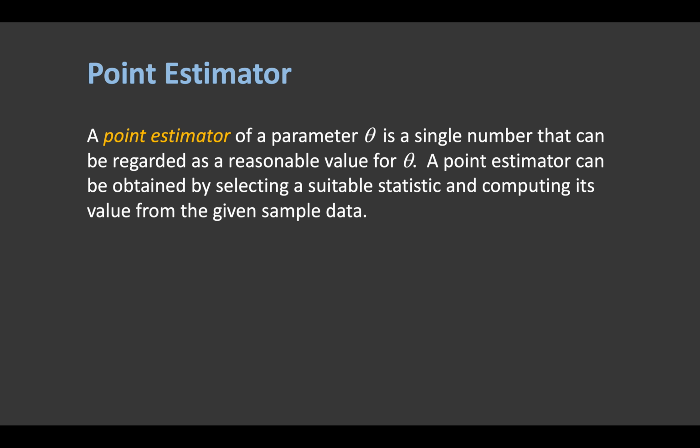A point estimator can be obtained by selecting a suitable statistic and computing its value from the given sample data. So basically, we're trying to understand something about the population, and we can't calculate the entire population, right? Then what we do is get a sample, compute the value from this sample, and use that to infer or estimate the parameter theta for the entire population.